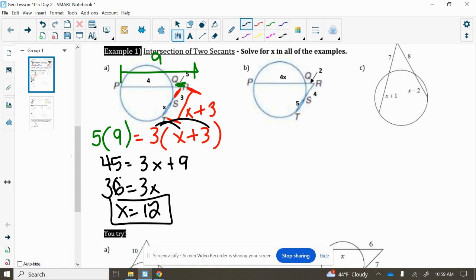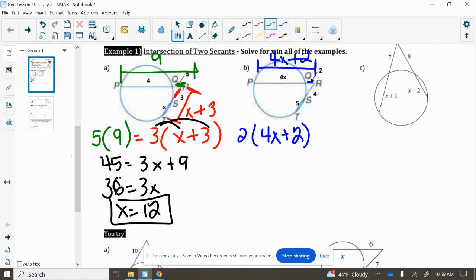So again, in the second one, we see this example here where the outside piece is 2, and then our whole piece, P to R, we're going to take that PQ segment, 4x, and add to it the QR, so 4x plus 2 would be the whole segment.